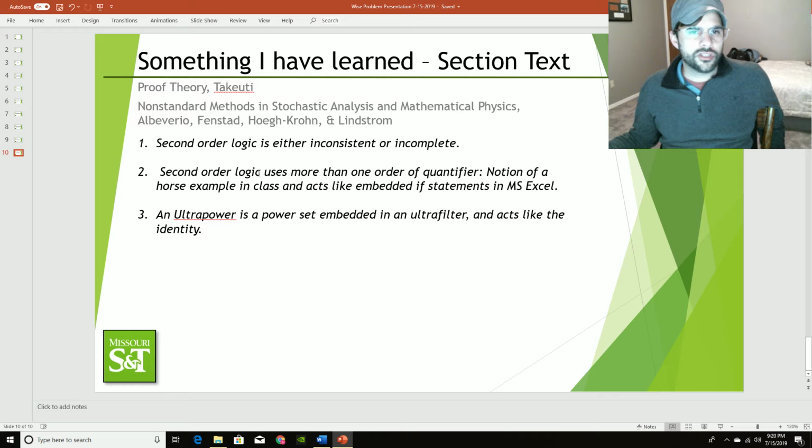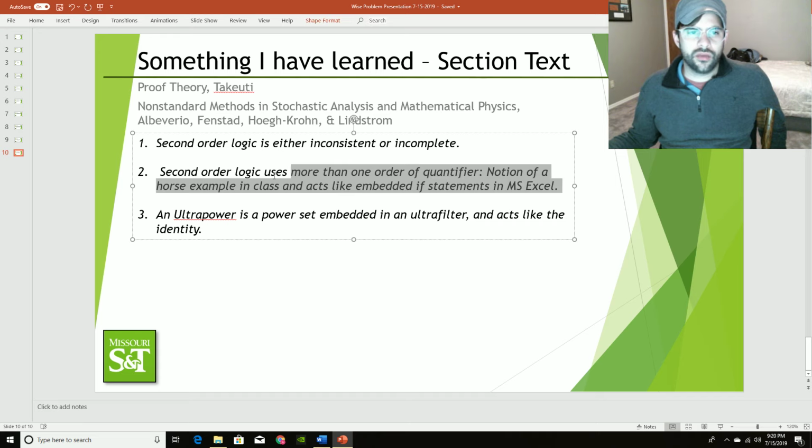So then here are my takeaways, or something I learned from the section texts, right? The first one is that second order logic is either inconsistent or incomplete, and I think about this as a part of this second one right here.